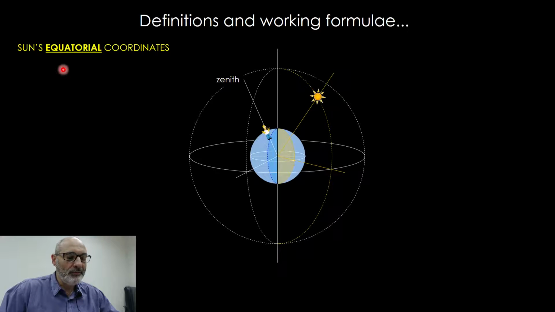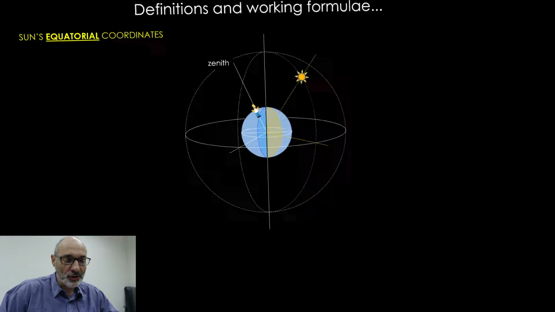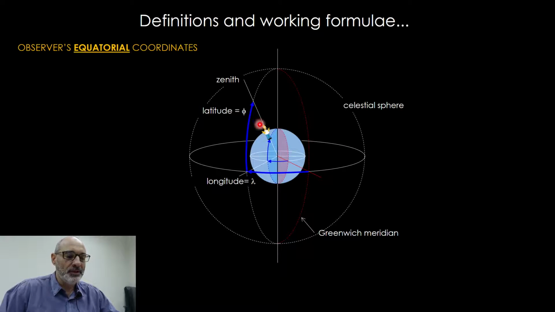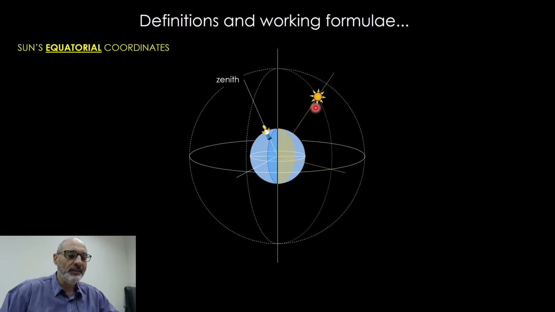Now, let me go back one slide. I gave you the observer's position in terms of equatorial coordinates, so longitude and latitude. What I need now is to know where the sun is, because I need to point my mirrors to the sun. So I have to define the position of the sun in terms of equatorial coordinates.